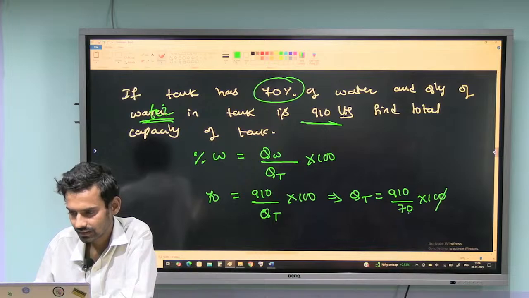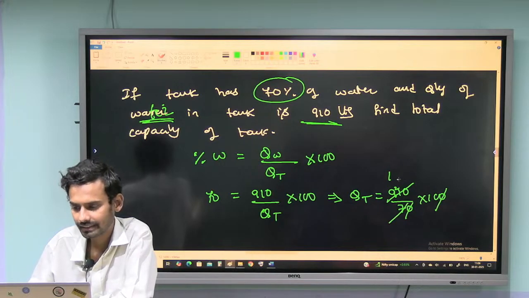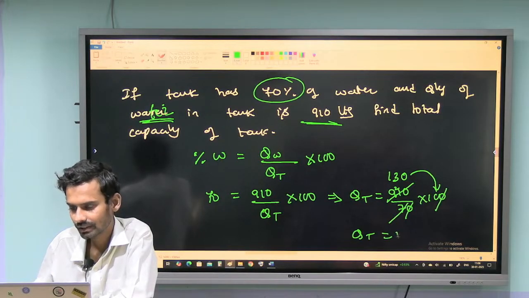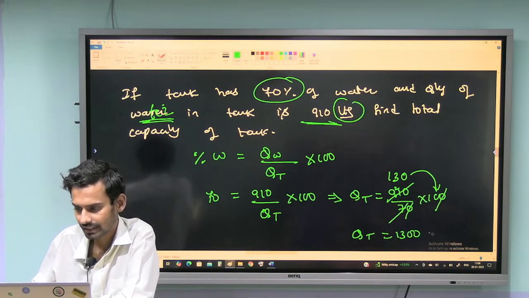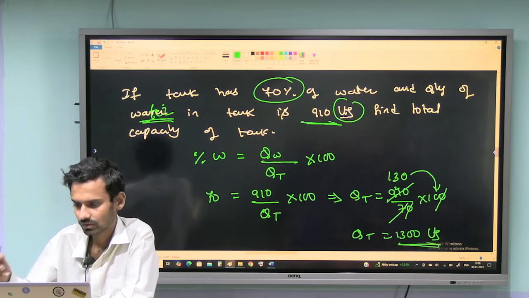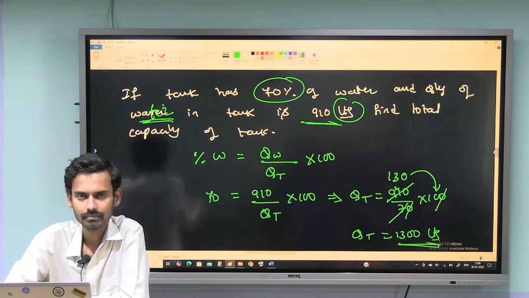You can cancel 0, 0, again 7 ones are 7, 7 threes are 21, 2 carry, and 0 as it is. So the quantity of the tank will be 130 into 10, which is 1300. As the quantity of water is given in liters, this capacity will also be in liters. So the answer for the capacity of the tank is 1300 liters.